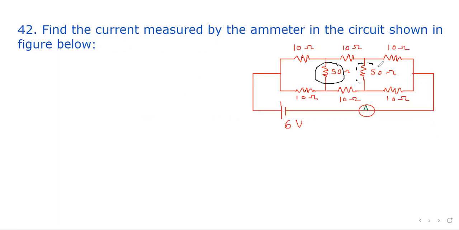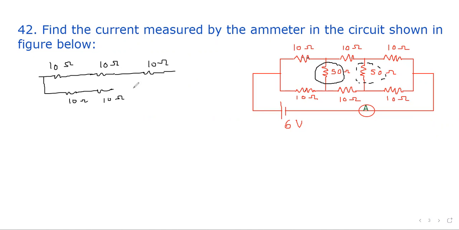So this 50 ohm resistor can also be removed. So the circuit will be like this. This is 10 ohm, in series with another 10 ohm, then this one will be 10 ohm, and then again this is 10 ohm, this is 10 ohm, and this is also 10 ohm.